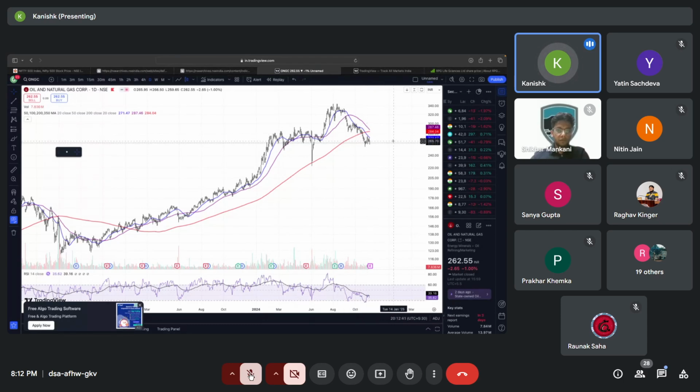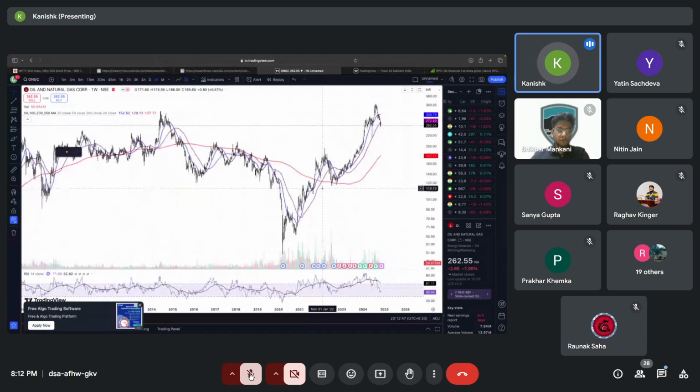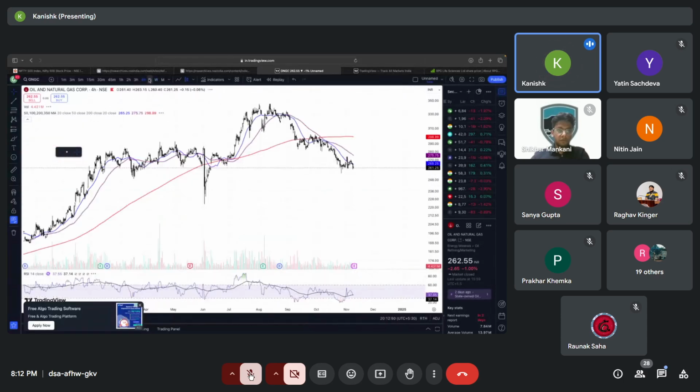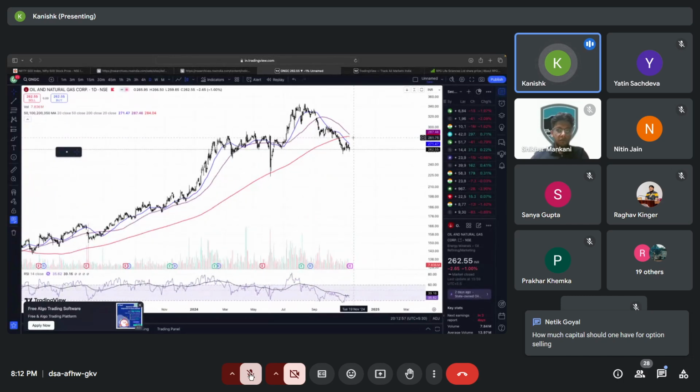If it consolidates here and then breaks down, then it can be a bearish thing. But still, it is in a good uptrend, and if it crosses 280, then it can also reverse the trend. But still, it is a dicey place to buy.